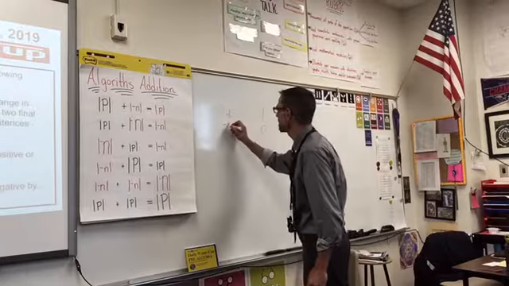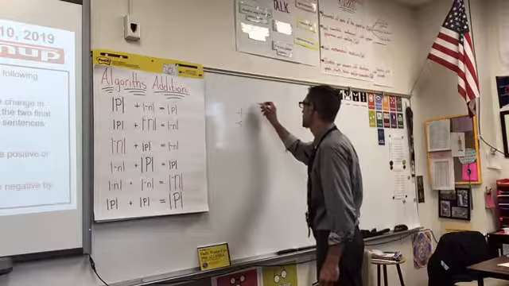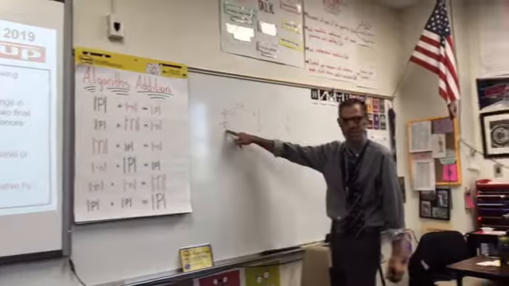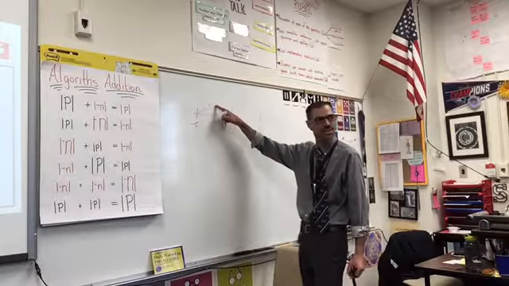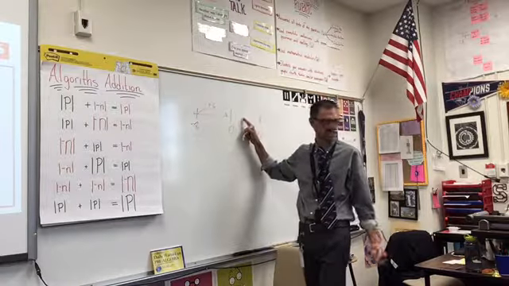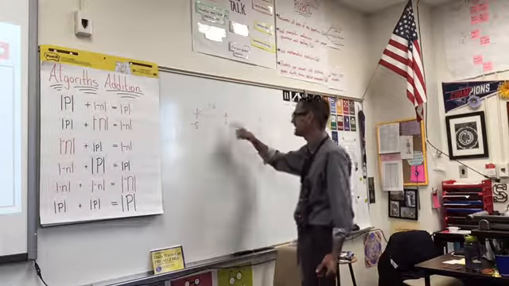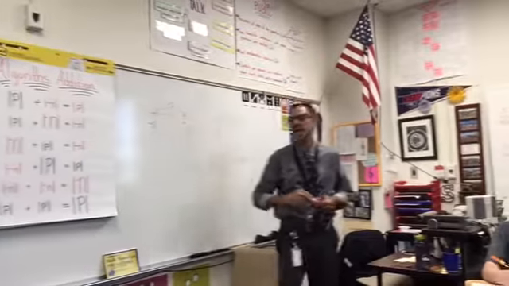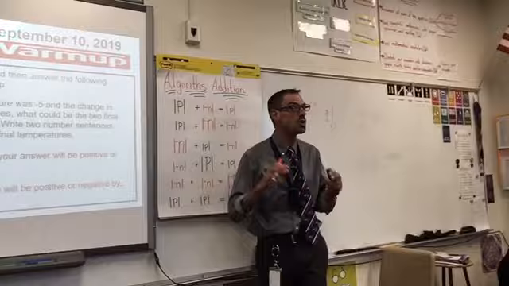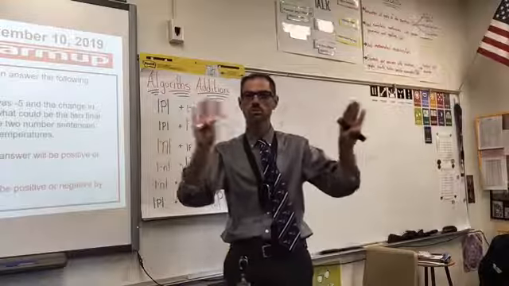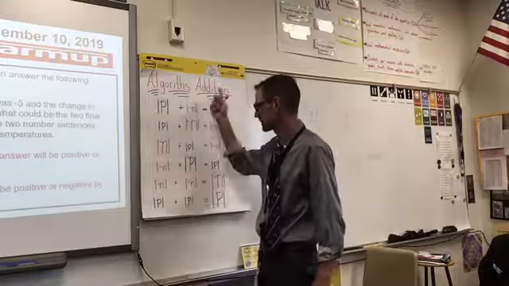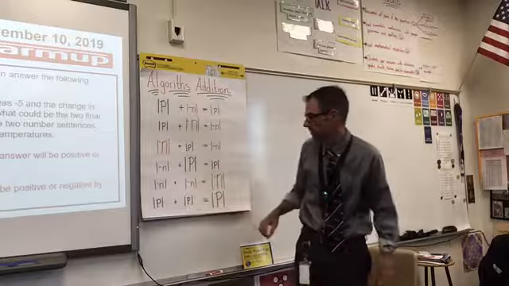So if I'm at negative 8 and I add positive 6, negative 8 is greater than positive 6, so it never makes it back over the positive side. Does that make sense? It stays on the negative side. These algorithms are so helpful for you to understand how numbers work when you add positives and negatives. So I'm going to be having this up today, and we'll look at all of them.